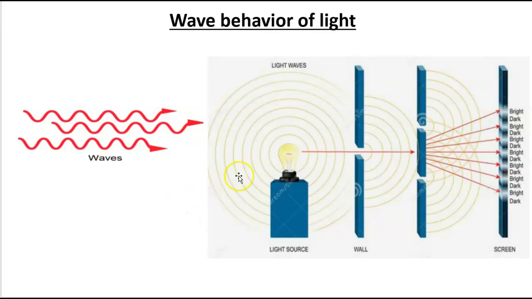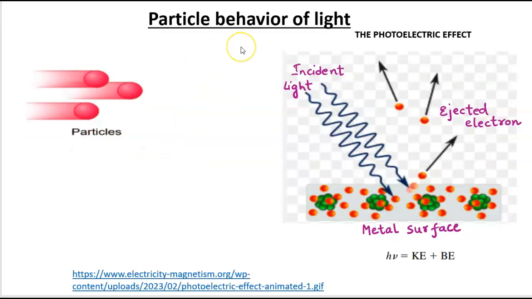It was seen that when light is passed through a double slit, it showed this interference pattern. That proves that light has a wave nature. Then how does it show a particle nature? For particle nature, the photoelectric effect was observed. The photoelectric effect cannot be explained if we do not consider light to be in the form of particles.